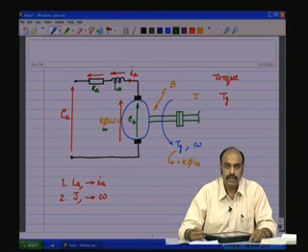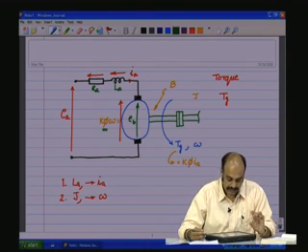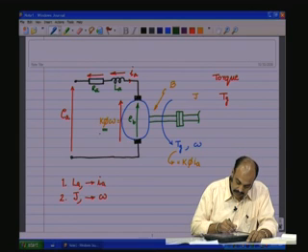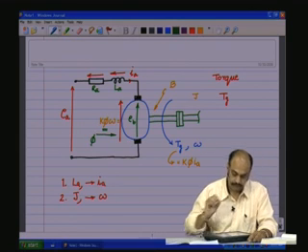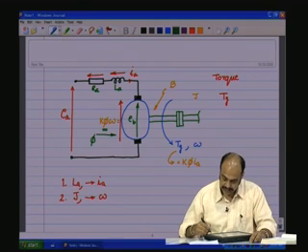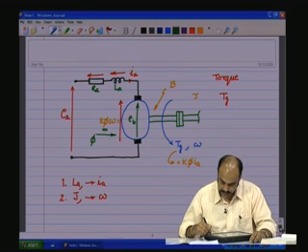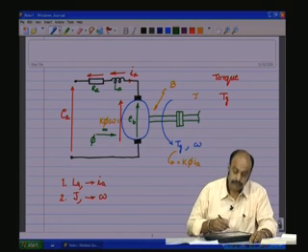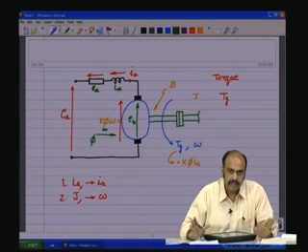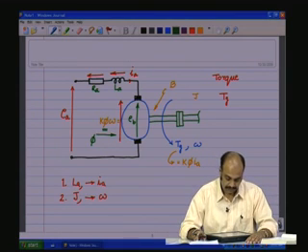Which means as far as this motor is concerned, there is one more input, phi, that we need to take care of. So first let us consider the case of the shunt motor, or a separately excited motor, where phi is a constant; we are not touching phi.